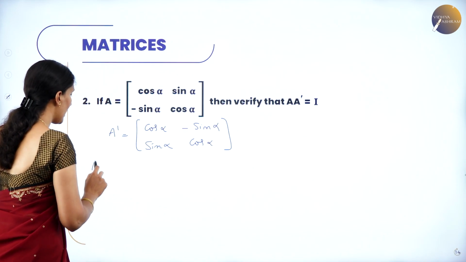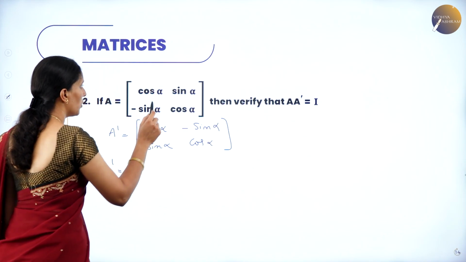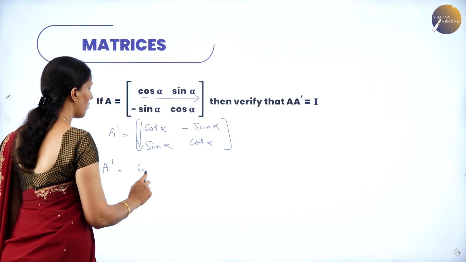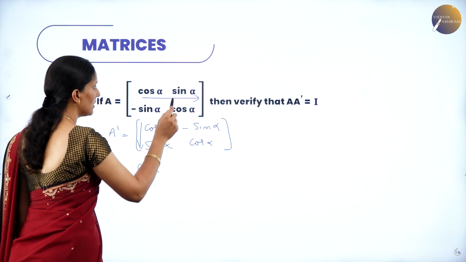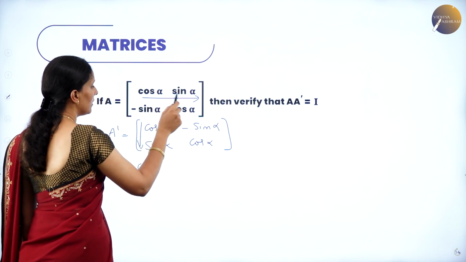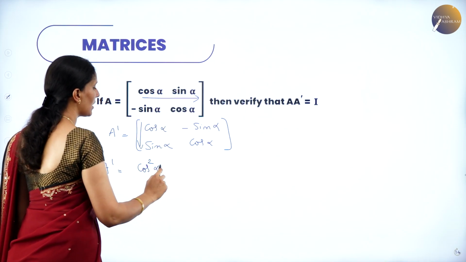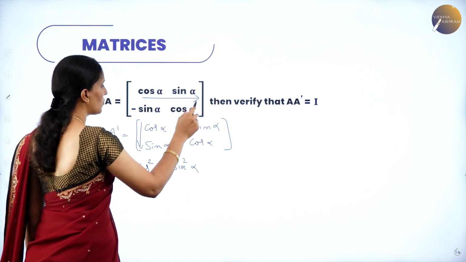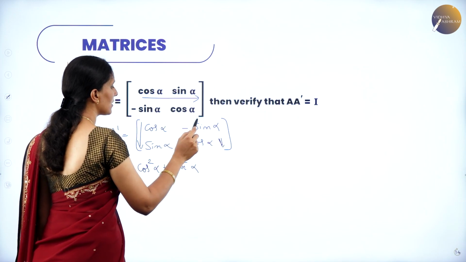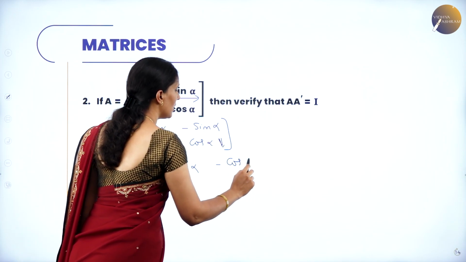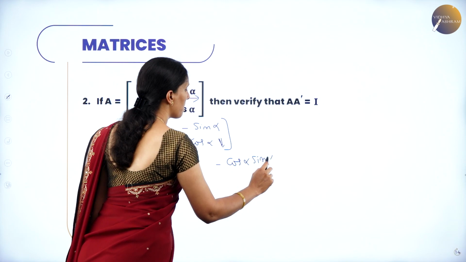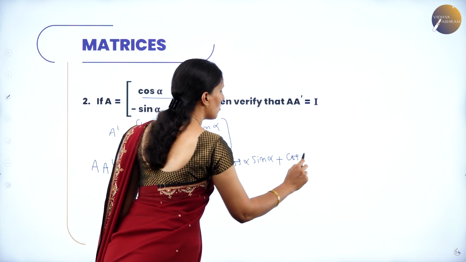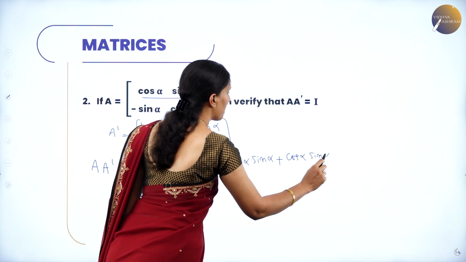Let's multiply A with A transpose. First row into first column: cos alpha into cos alpha, cos square alpha. Next we have sin alpha into sin alpha, plus sin square alpha. Next first row into second column: cos into minus sin we get minus cos alpha sin alpha, plus sin into cos, that is cos alpha sin alpha.